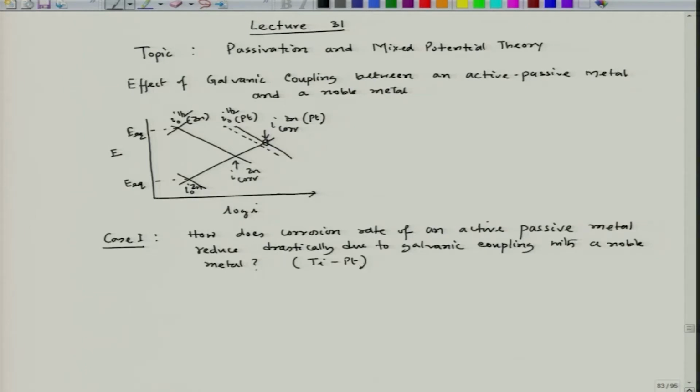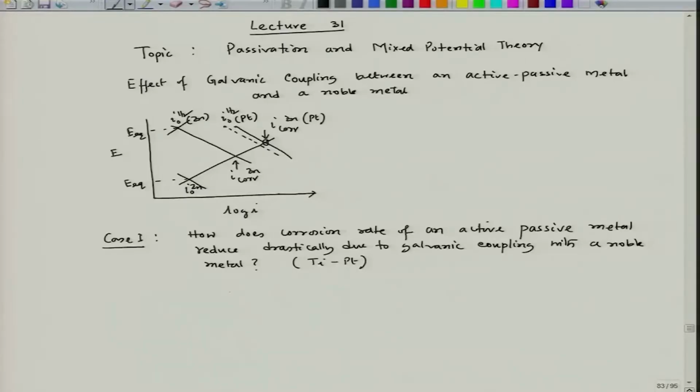Now, in case of this, titanium is an active passive metal. So, that means its anodic portion first goes to an active region, reaches I critical, which is the maximum current density in its anodic polarization side, and then it reduces and reaches to I passive, and then continues, and finally it has its own transpassive zone.